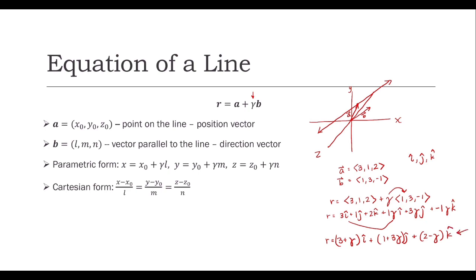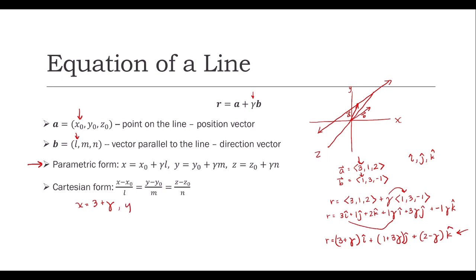We could rewrite that in parametric form, where you have x equals x naught plus gamma L, y equals y naught plus gamma m, and z equals z naught plus gamma n. So you would have x equals, x naught is your A vector, so your position, so 3 plus gamma times L, so your first B value, so 1, so just gamma.